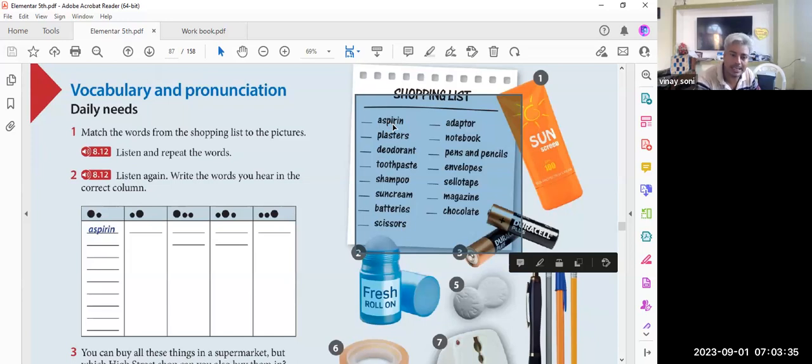So that's why it has two vowel sounds. And to denote that it has two vowel sounds, we will put two small dots next to this word. Okay, these two dots show that the word aspirin has two vowel sounds.